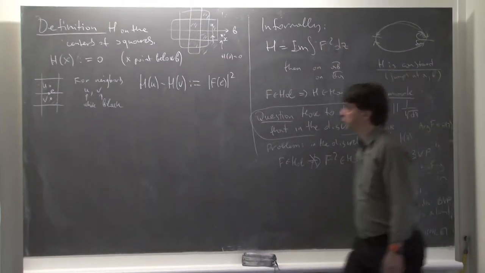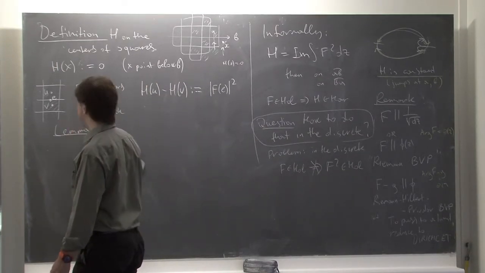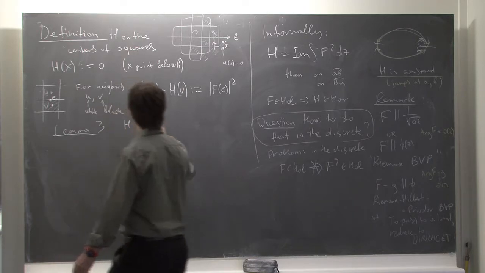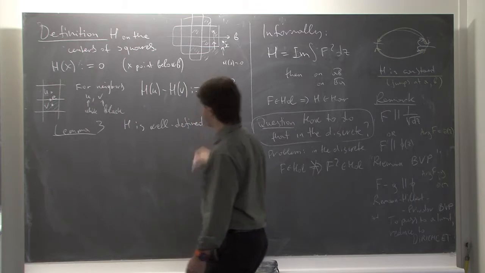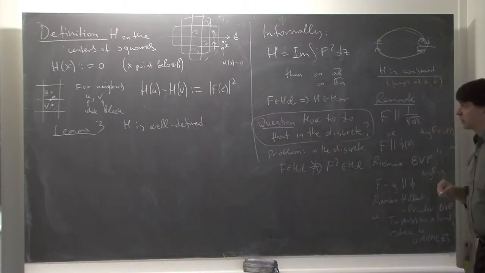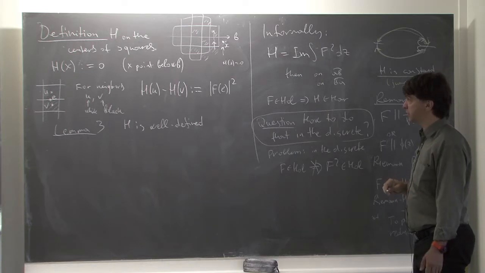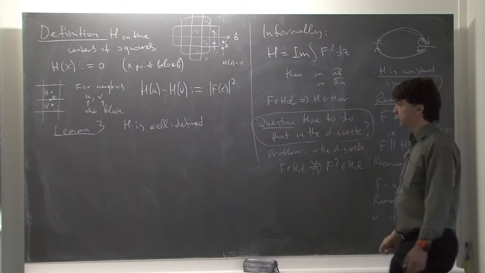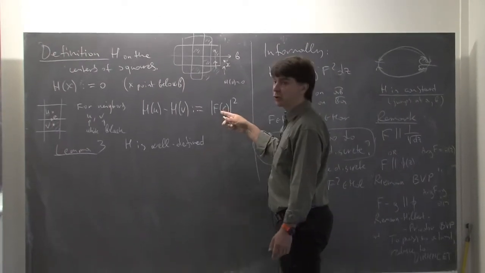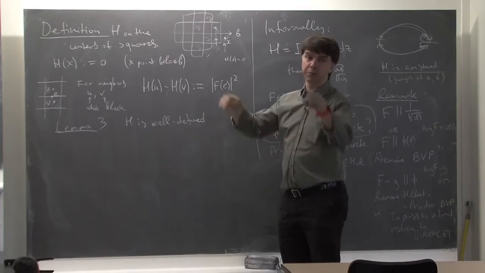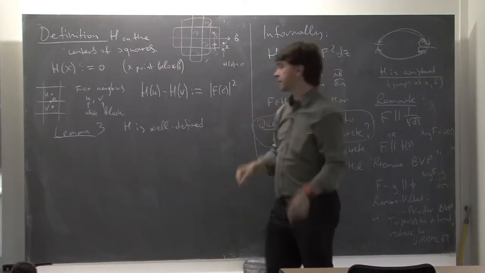But before that I need to prove a lemma. So let's say lemma 3, that h is well defined. The problem with all such definitions is when we try to integrate something. The problem is that the definition is unique, that if we arrive at the same point by two different paths, we get the same answer.